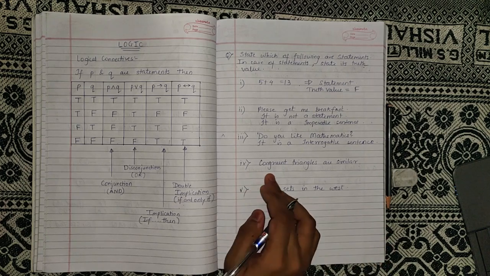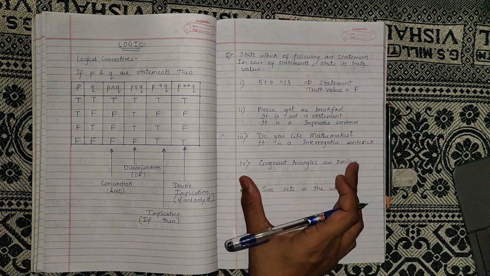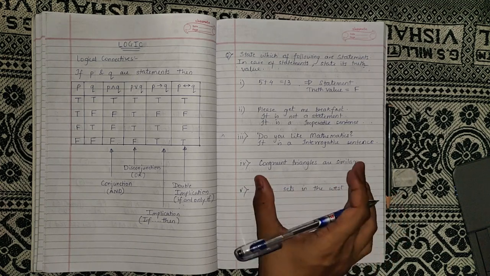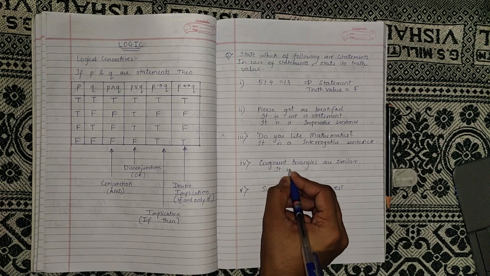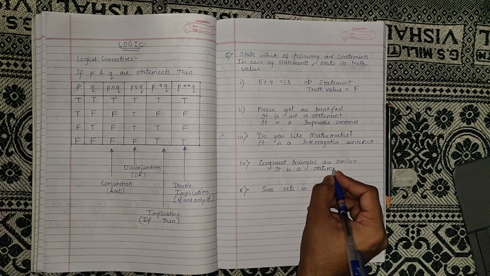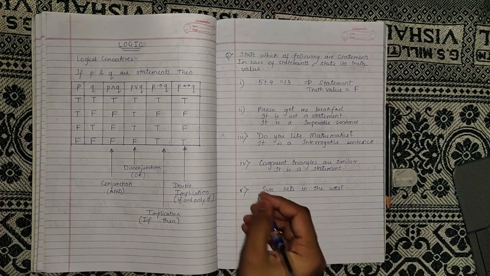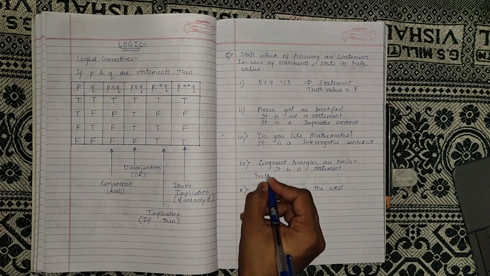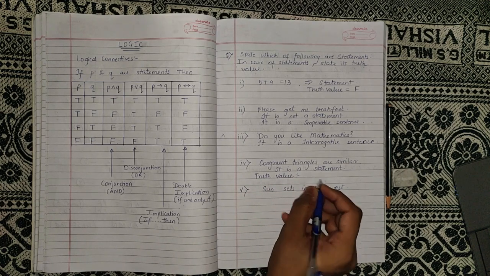Now the next one says congruent triangles are similar. It is a declarative sentence, so it is a statement. Now if it is a statement, we can write the truth value, which can be true or false.